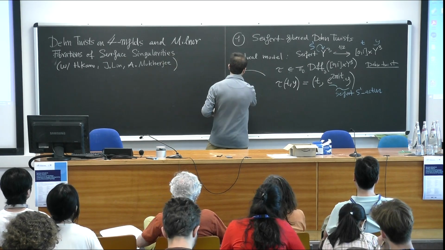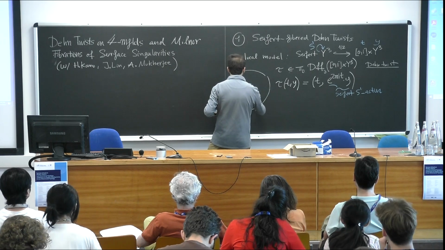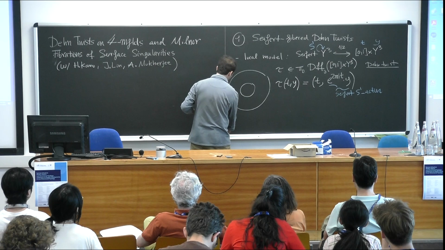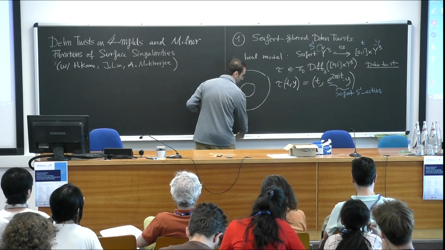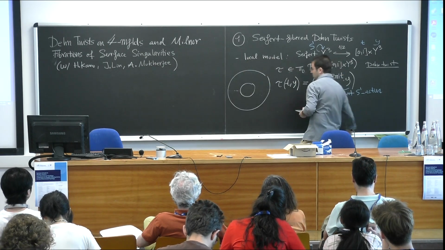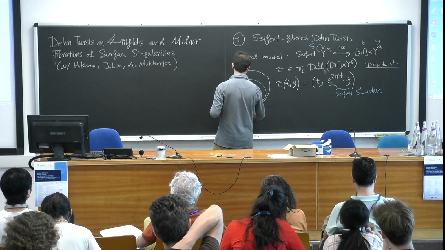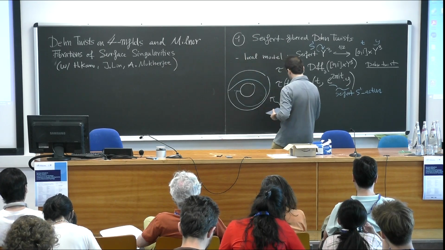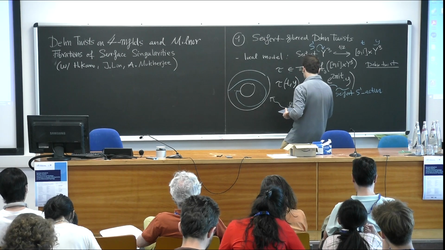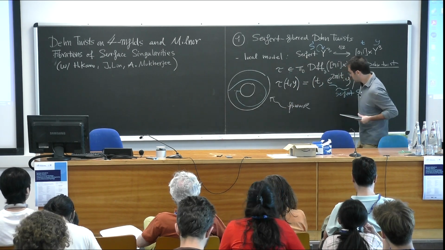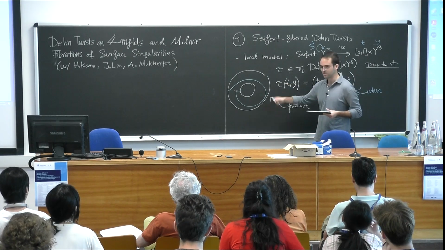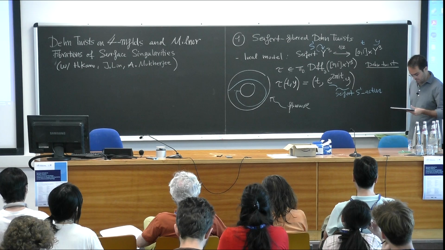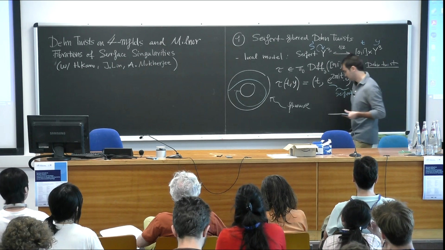So fiber-wise, you just see the classical Dehn twist of an annulus. This is not quite true on the singular fibers, where you'll see some iterates of the classical Dehn twist. Any questions about this?